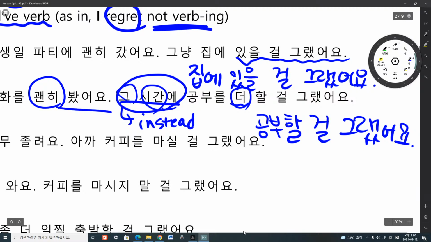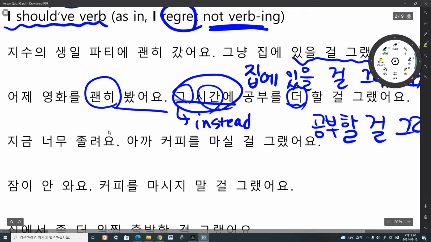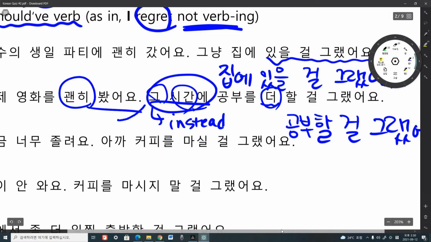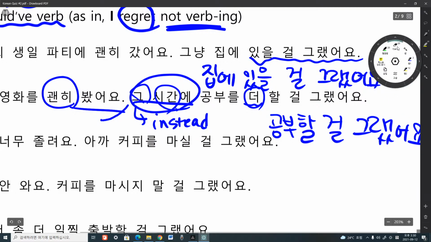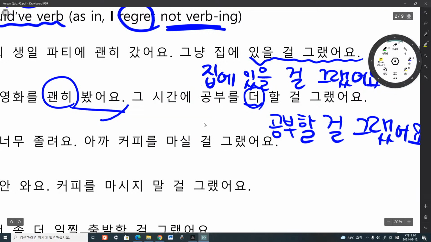So it means at that time of watching a movie, I should have studied more instead. So you can use 그 시간에 like this. If you are regretting how you spent a certain time, like I should have done this instead of doing that, you can say 그 시간에 공부를 더 할 걸 그랬어요. I should have studied more instead.